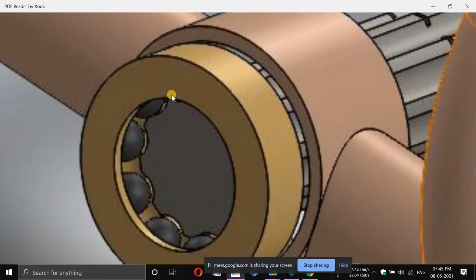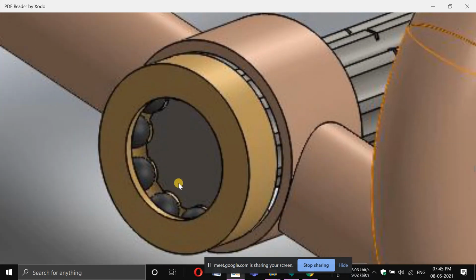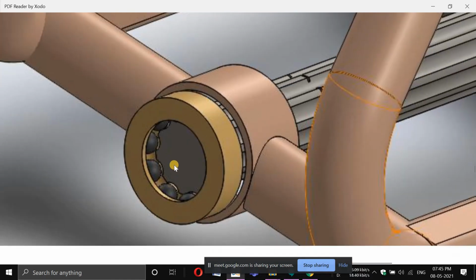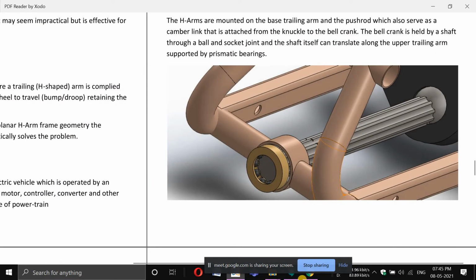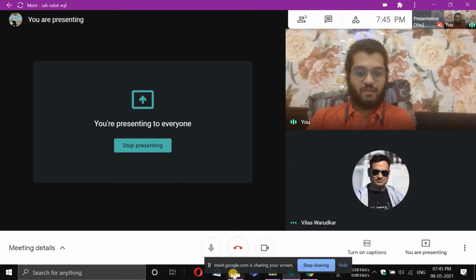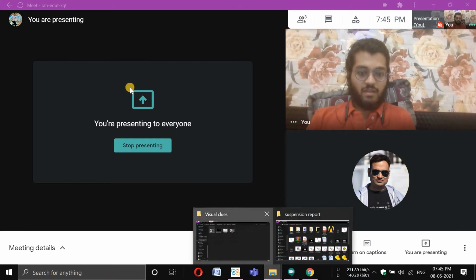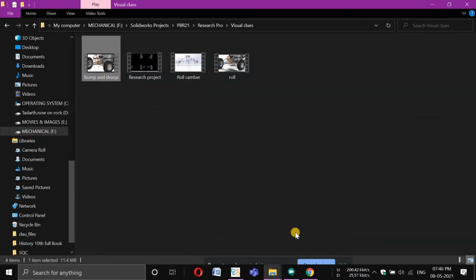So this is the outer case of the bearing. These are the bearing balls which are contained inside, and this shaft translates. So these balls will be static in their position, and their rotation would occur with the translation of the shaft. In this animation, if you could see, the shaft is continuously translating whenever a bump or droop occurs.